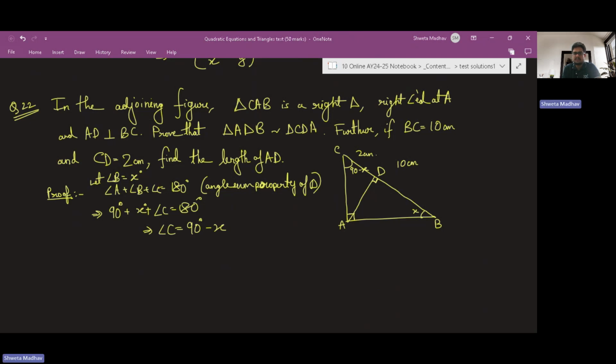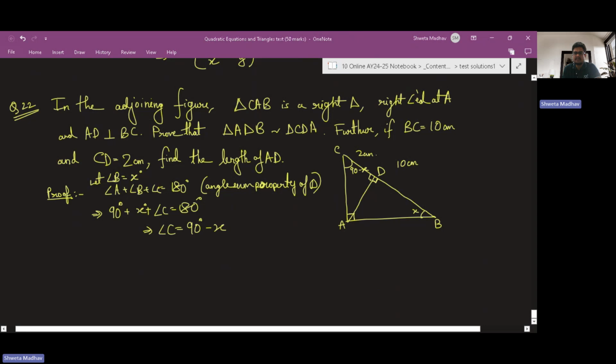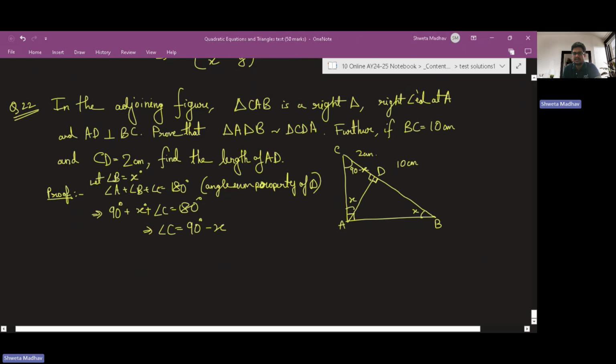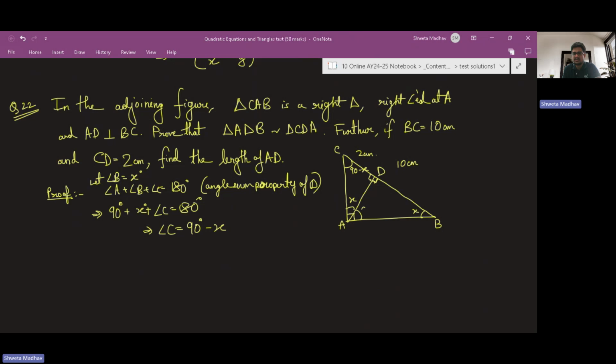Now this triangle ACD is also a right triangle. If this is 90 minus x, similarly this should be x. And similarly, in triangle ABD, this is a right angle and this is x, so this angle will be 90 minus x.